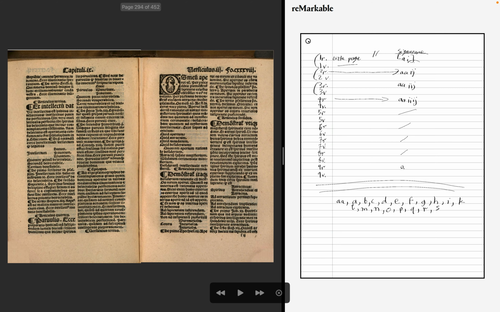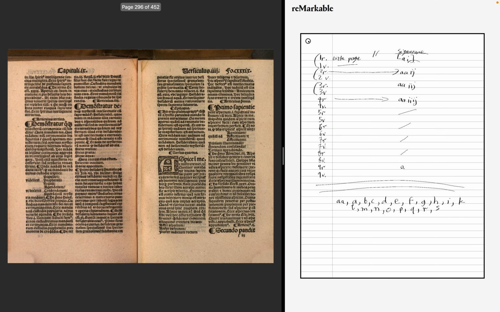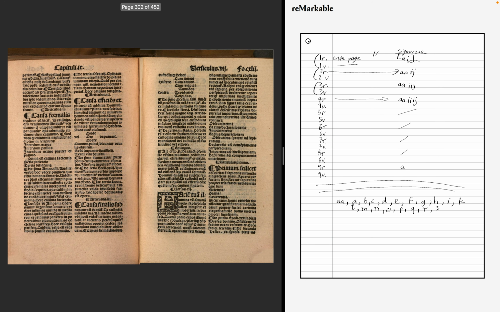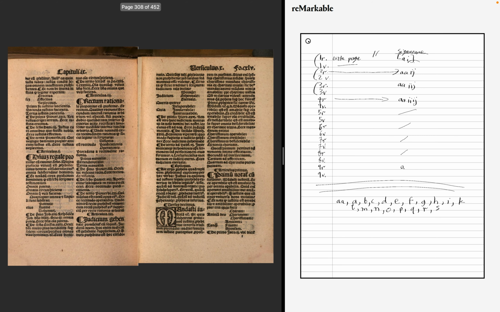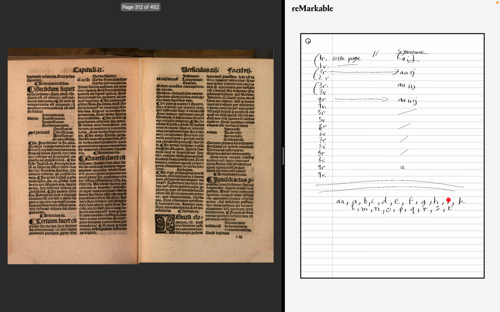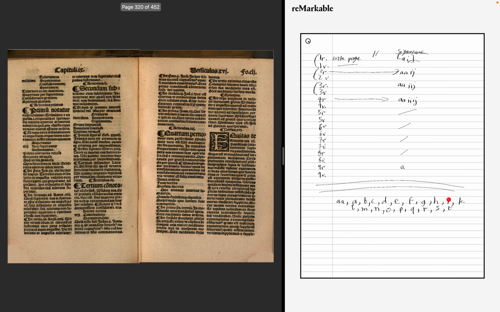And F2, S1, wow, S2, S3, S4, S5, S6, S7, 8, and T. The T's look a little weird in the Gothic script, they look almost like a K or an R, but it's a T. T2, T3, T4, T5, T6, T7, T8.